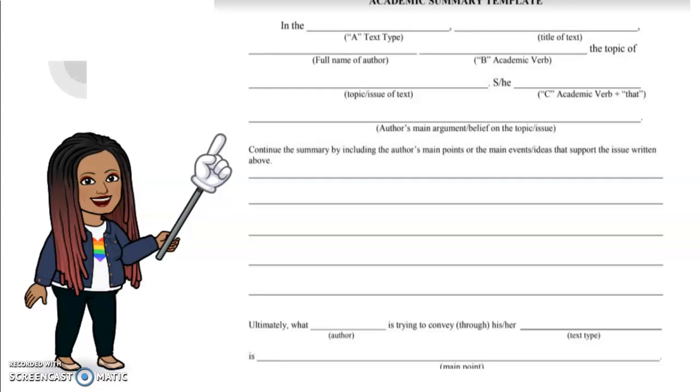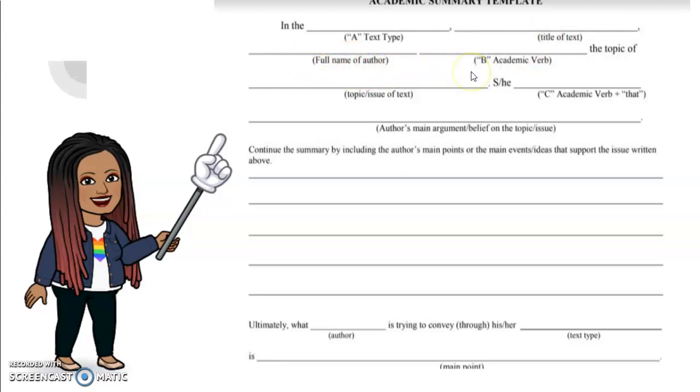If you do not know, you have a device in front of you and you can look it up. What you need to do is know that the type of text is dependent upon the characteristics of the text. Okay? Then you're going to get the title of the text. I must have a title of the text. Then you have to get the full name of the author.